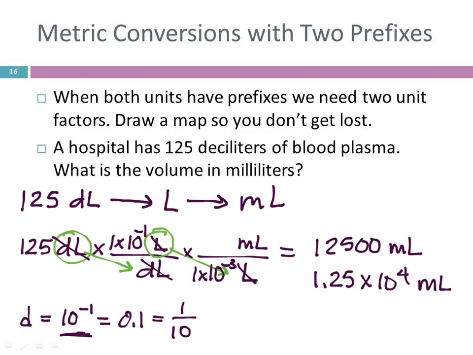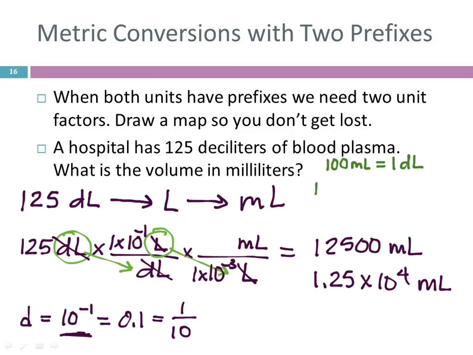Yes? If you showed the units and wrote it out, I would be fine with that. And so just in case you're curious, there are 100 milliliters in 1 deciliter.